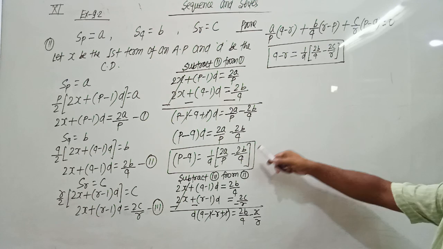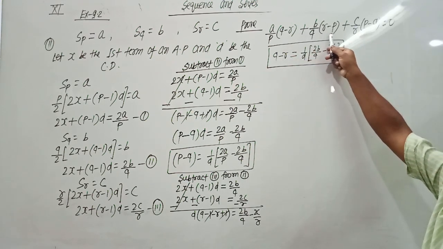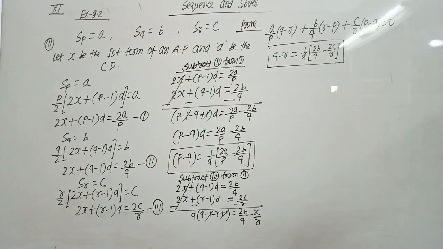So we found the value of p - q, then q - r. Now we calculate the value of r - p.